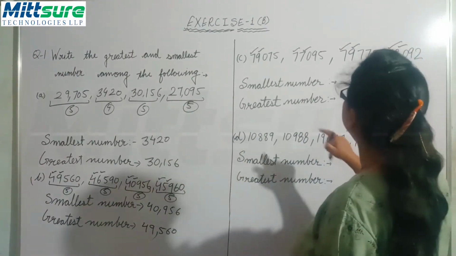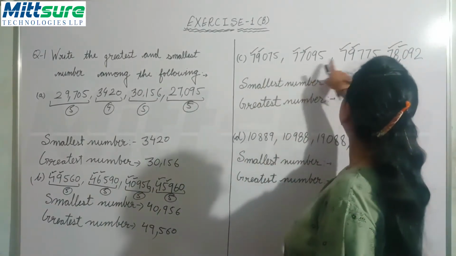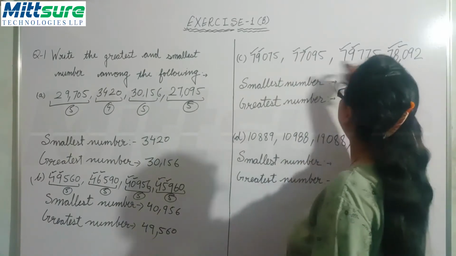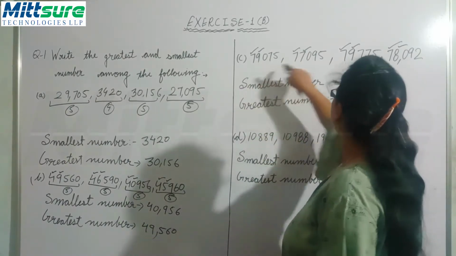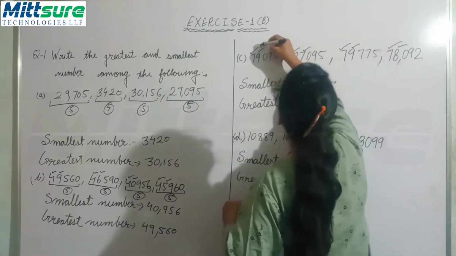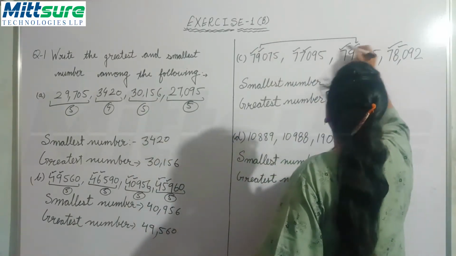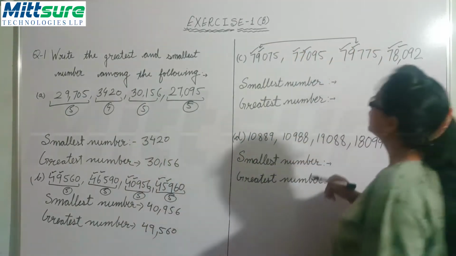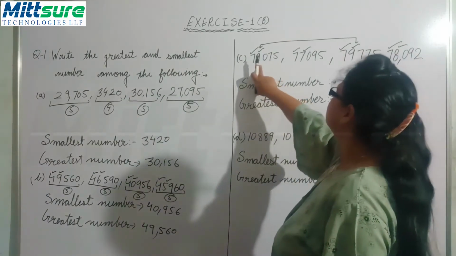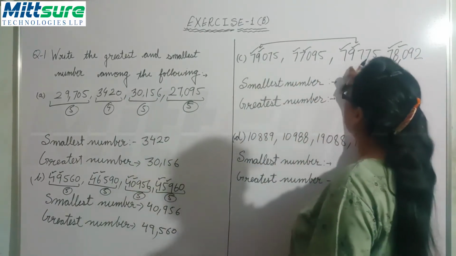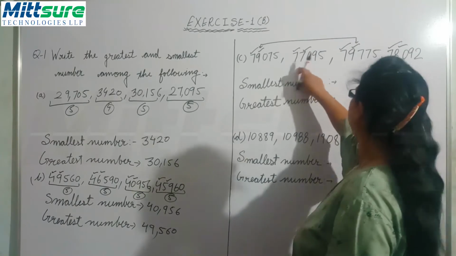So this is clear: this number is 7, this number 9, this number 8, and this number is 9. So 9 and 9: these two digits are greater than 7 and 8.